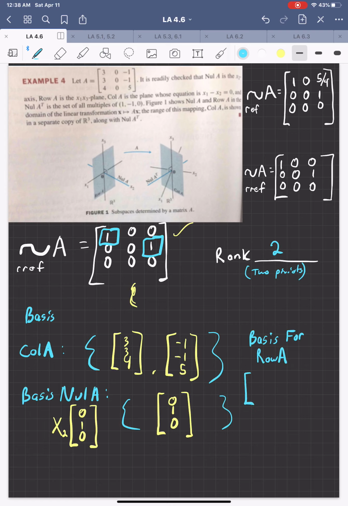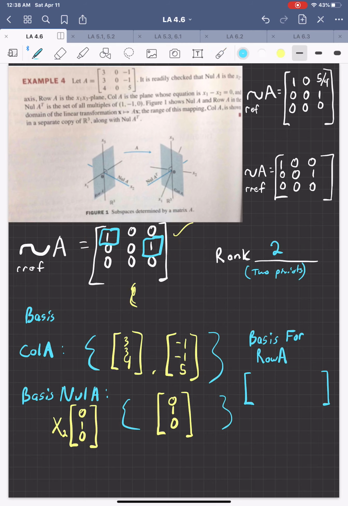All right. Well, how many vectors do you think should be in the basis for the row space? We've already talked about that it should match the basis for the column space, right? So there are 2 vectors in the basis for the column space, so we definitely should have 2 vectors in the basis for the row space. And what we're going to do is just grab the first 2 rows.